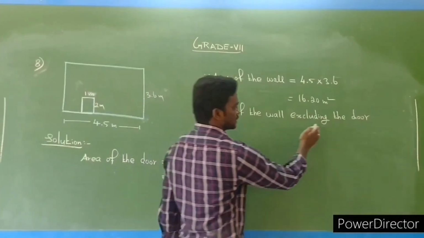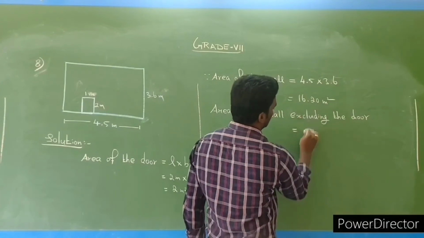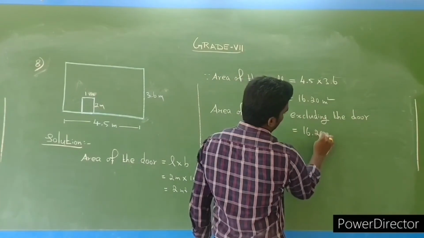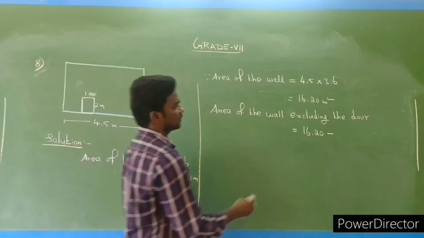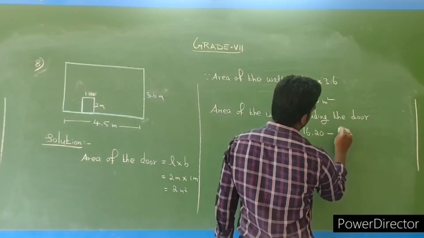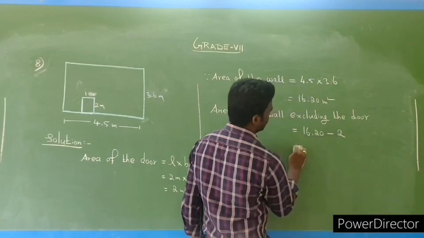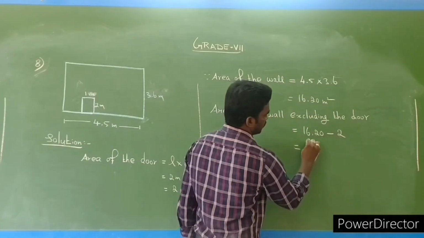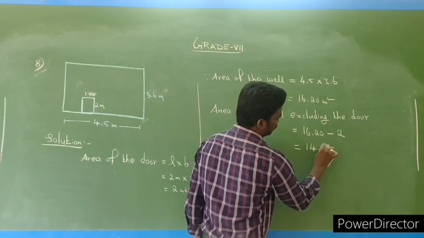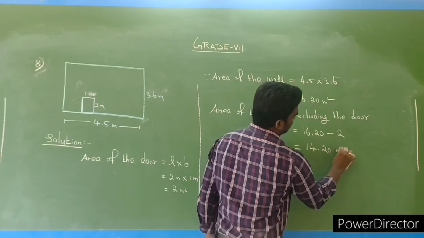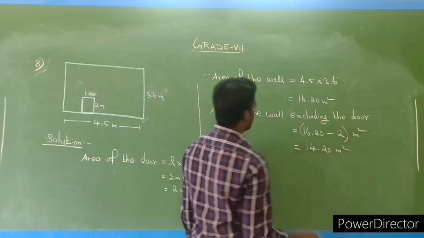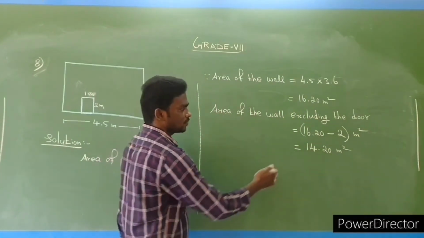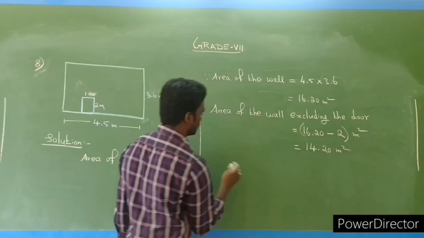So area of the wall excluding the door is equal to 16.20 minus 2 meter square, which is 14.20 meter square.